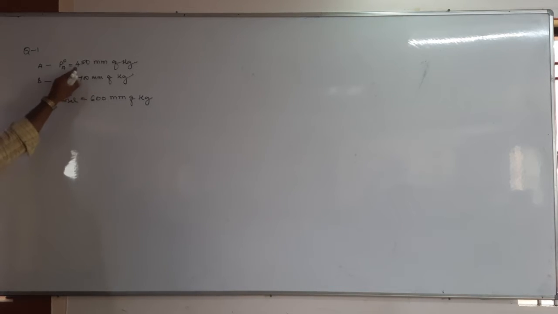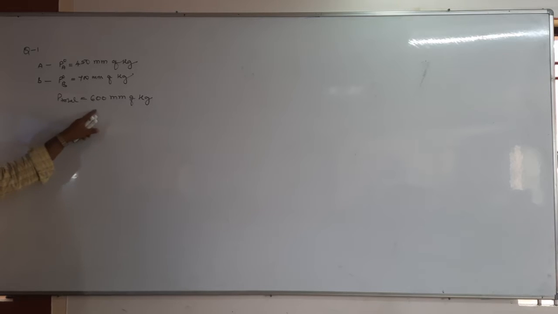It is 700 and 450, so it is supposed to get 1150, but what is given here? 600. Therefore the total vapor pressure of the solution is less than the sum of the vapor pressures of these two components. That means it is a negative deviation from Raoult's law. But our question is not that. If they ask what the deviation is, you can say it is a negative deviation, fine.